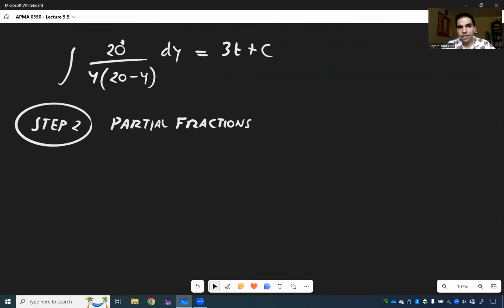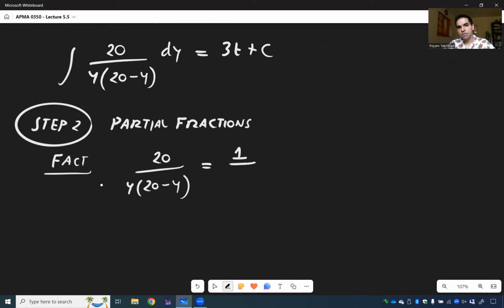And in fact, since there's this 20 here and this 20 here, it turns out the partial fraction is not too bad, because 20 over y times 20 minus y turns out to be just 1 over y plus 1 over 20 minus y.